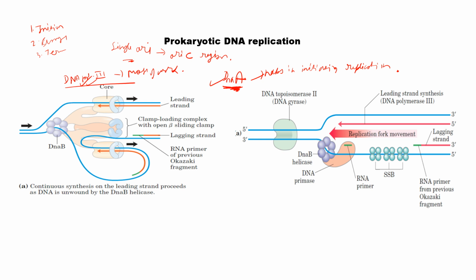DNA ligase then joins the adjacent fragments to create a continuous strand, just like in eukaryotic DNA replication. Finally, replication terminates when the replication forks from opposite directions meet at a specific termination site on the DNA molecule. In prokaryotes, newly synthesized DNA is rapidly condensed and organized into a nucleoid region, which lacks a membrane-bound nucleus.